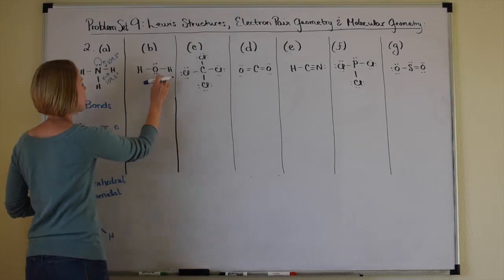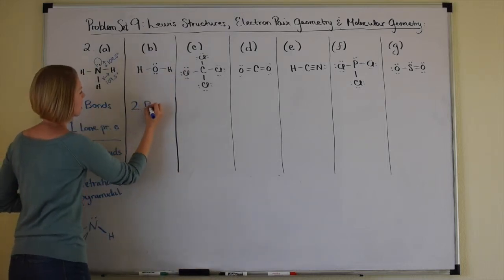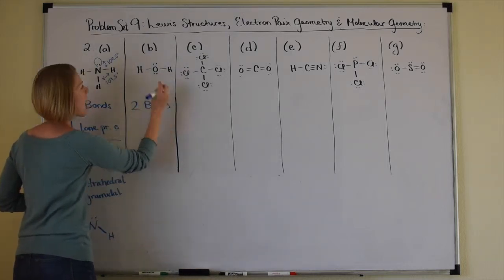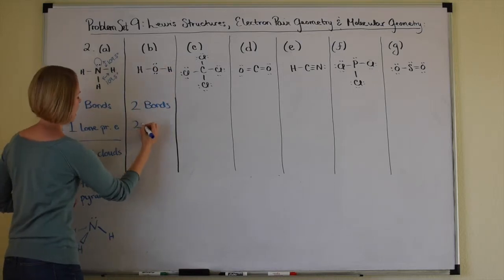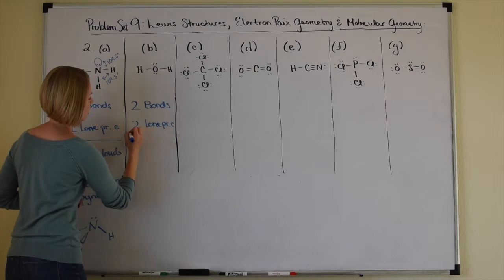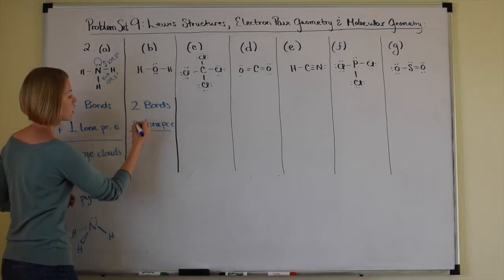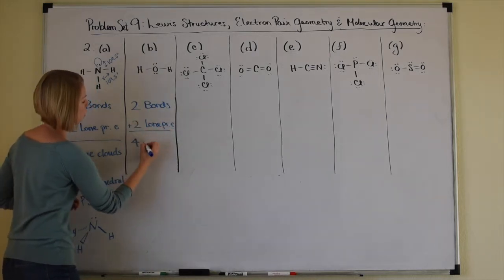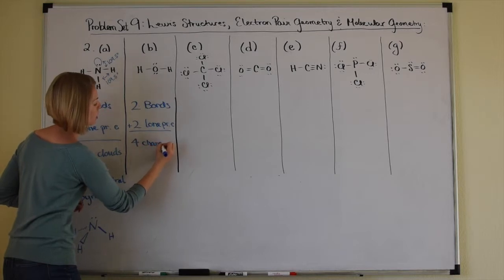We've got 2 bonds, and we've got 2 lone pairs. So again, a total of 2 plus 2, or 4 charge clouds.